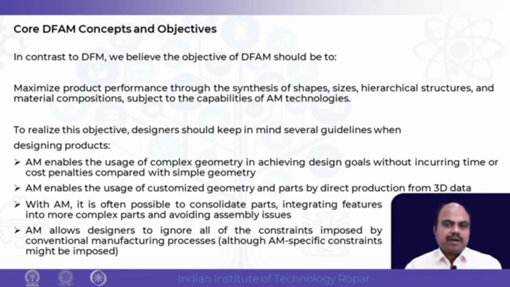But in additive manufacturing process, maybe all these components are not required, and just one simple contoured shape component may be enough. So that can be done using additive manufacturing process. It also gives an opportunity to the designer that you can ignore all the constraints of the conventional manufacturing process.